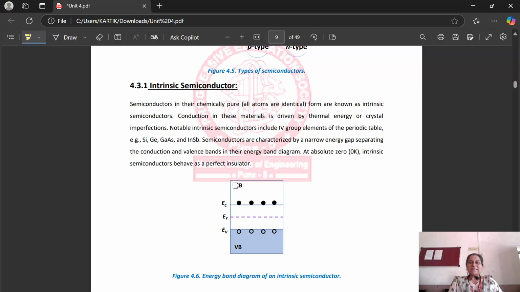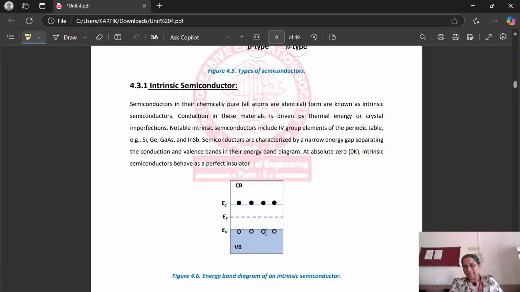The upper part where CB is written represents the conduction band. The black colored dots represented over there are nothing but the electrons, and the empty circles represented in the blue box are in the valence band. Now as you can see, the number of black colored circles is equal to number of empty circles.